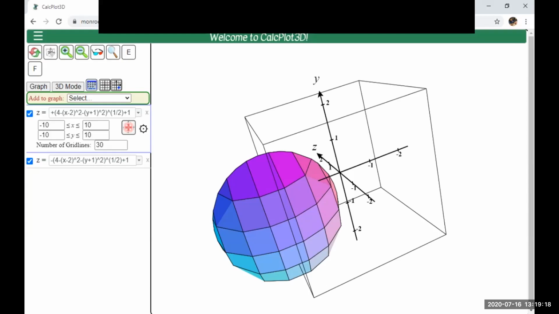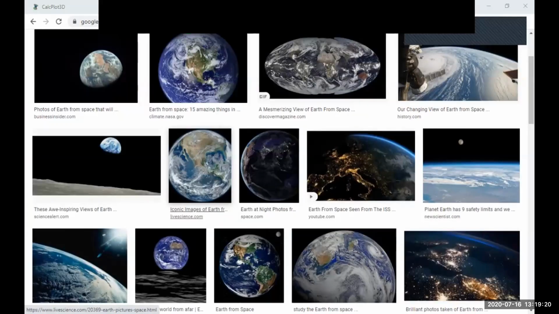If we look at the images we have from Earth, we would see that although it's not completely a sphere, it's very close to a sphere. Earth is also an ellipsoid, but an ellipsoid very close to a sphere.